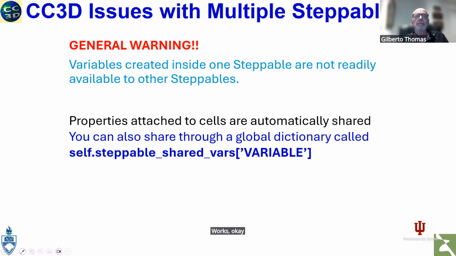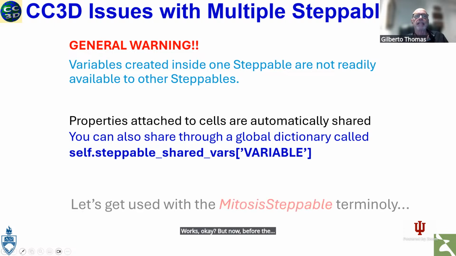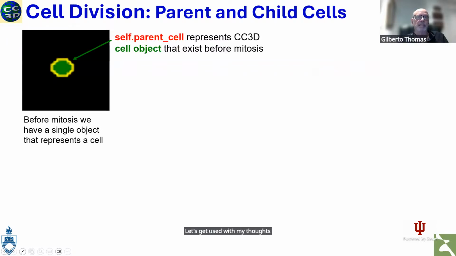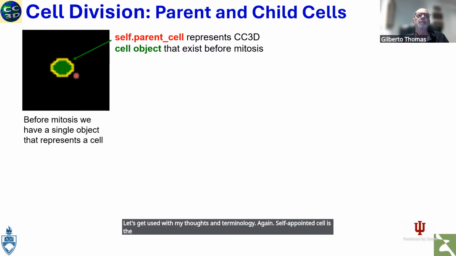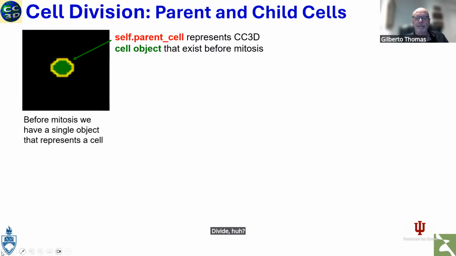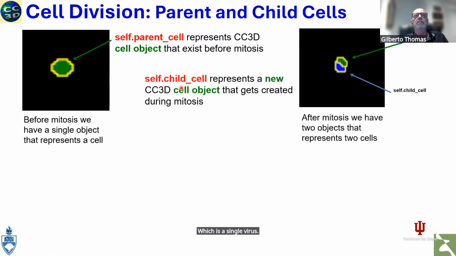Okay? But now, before going to the exercise, let's get used to the mitosis steppable terminology. Again, self.parent_cell is the cell which is going to be divided. When you start, you have only one parent cell, which is a single object. Self.child_cell is a new cell. It's a new object that has a new ID. And the attributes are up to you to decide.